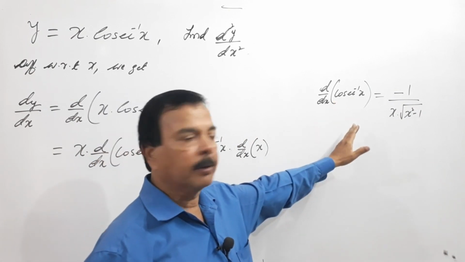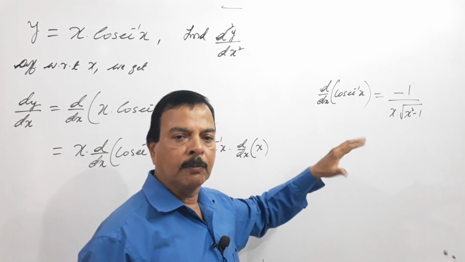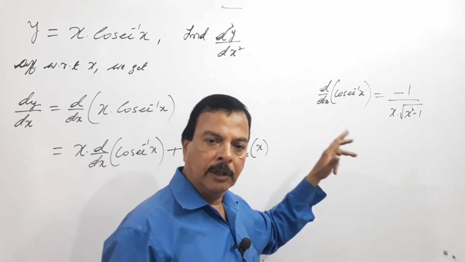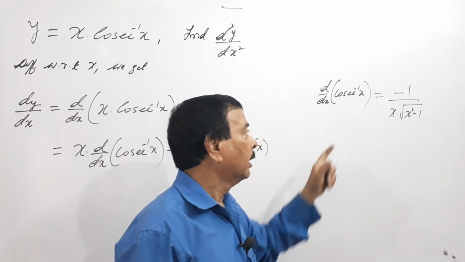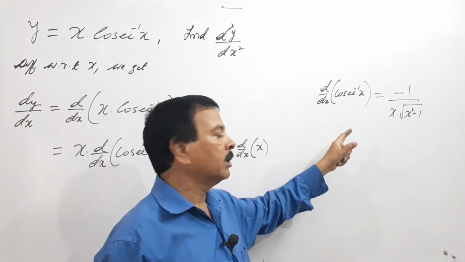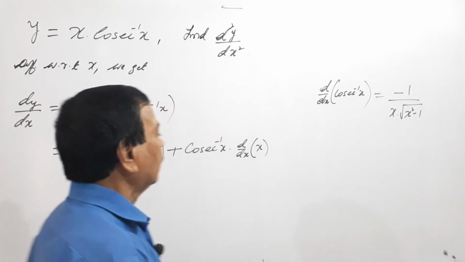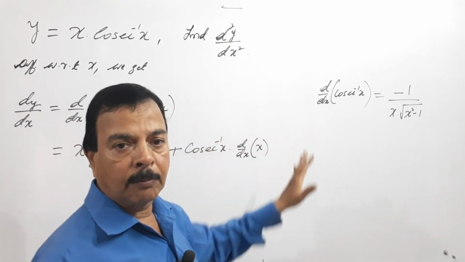This formula is an important formula, inverse functions. So I have done few problems earlier. I have given a formula for all the functions in my class number 1. So go back to my class number 1 and try to solve this, try to memorize this formulae. Otherwise you cannot solve any problem if you don't know the formula.